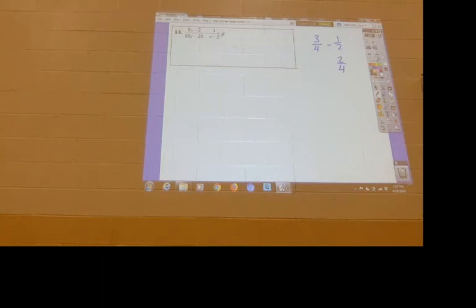So if you multiply the bottom times 10, you have to multiply the top times 10. So my new problem is 6x minus 2 over 10x minus 20, subtract, this becomes a 10x minus 20. Now I have common denominators.